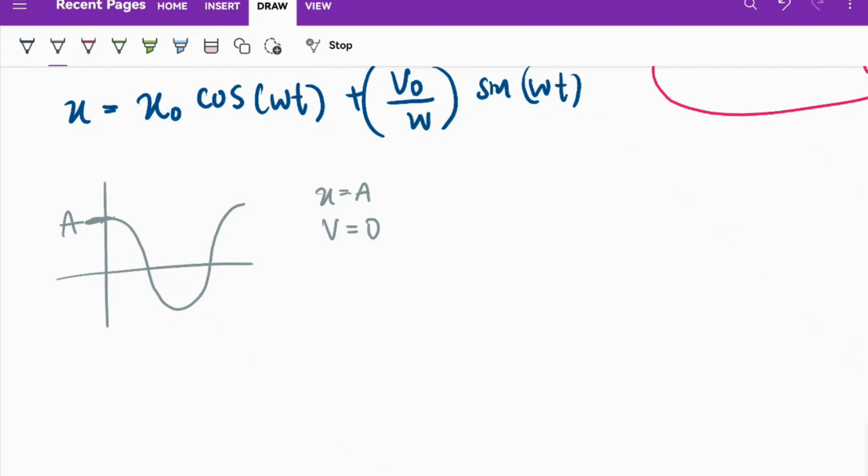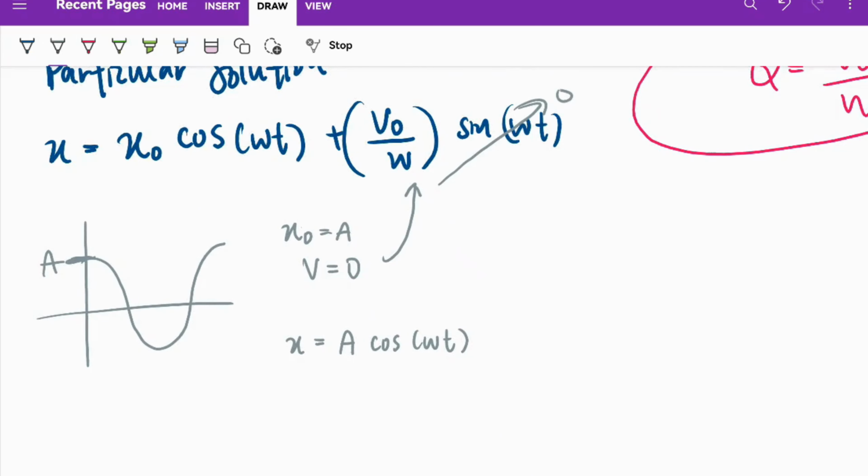So using this condition, what will we get? We will get x equals, sorry, this is your x naught, yeah? Your x naught is a cos omega t. This whole thing will be 0 because your v naught is 0.